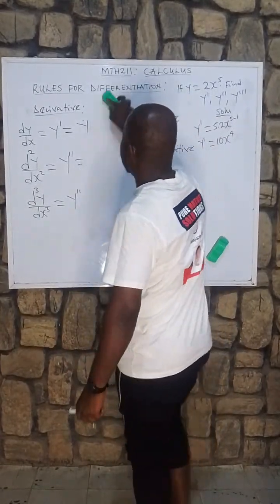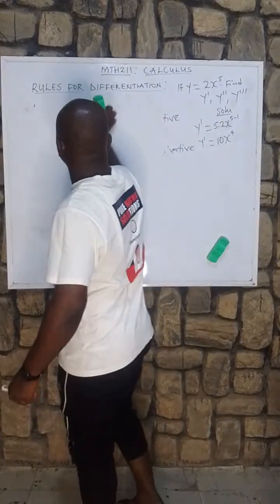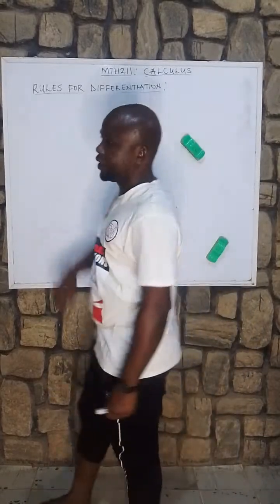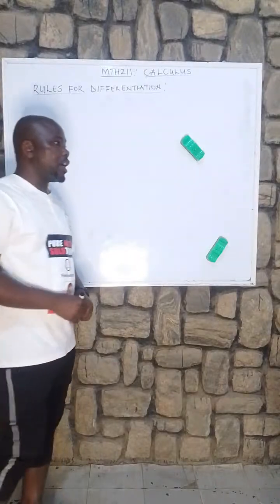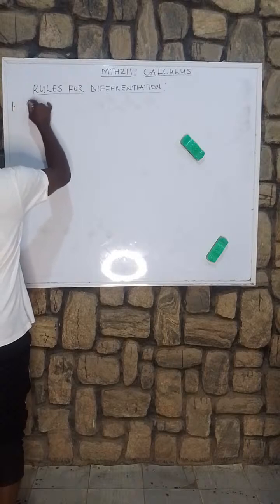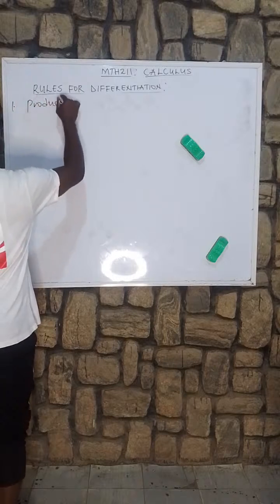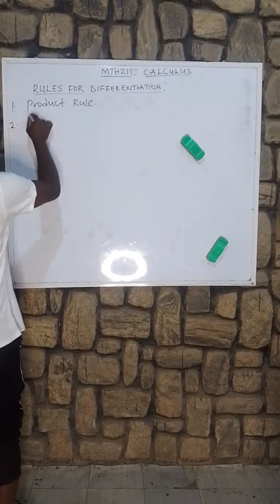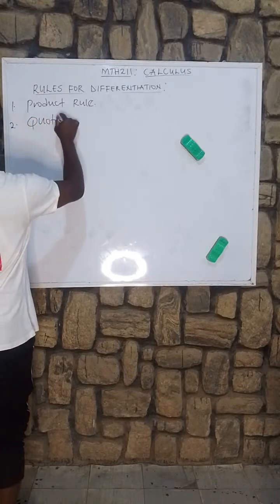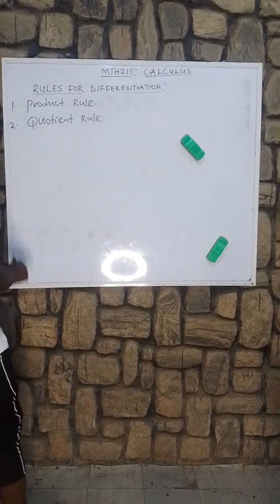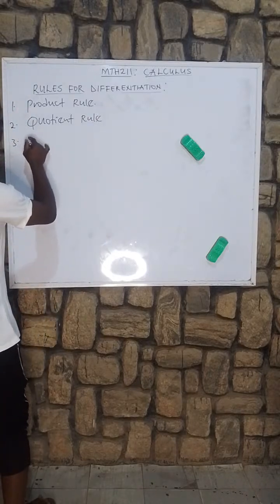So now let us move to, hope you are enjoying the class. Let's move to rules for differentiation. We have 3 rules. 1, product rule. 2, quotient rule. 3, chain rule.